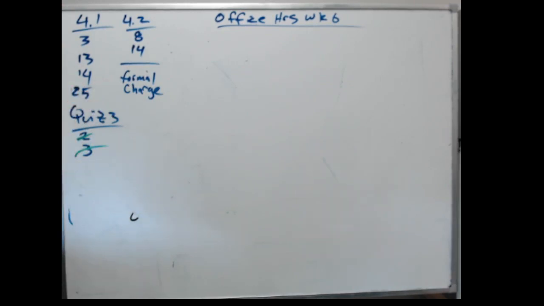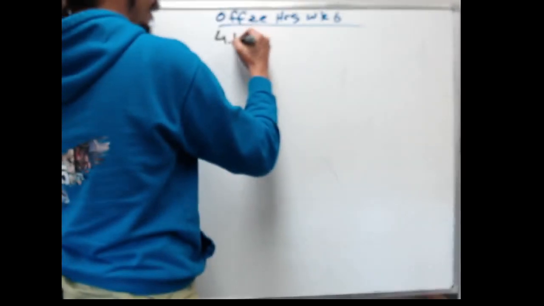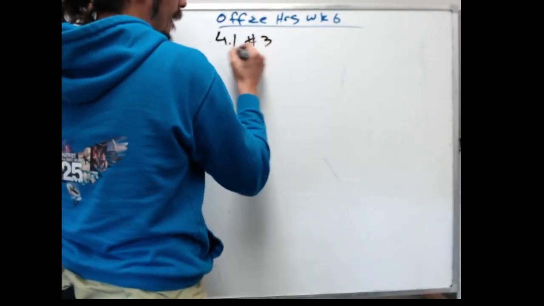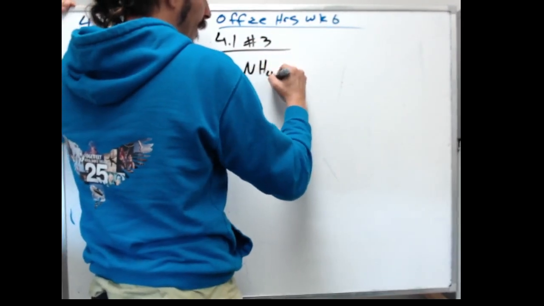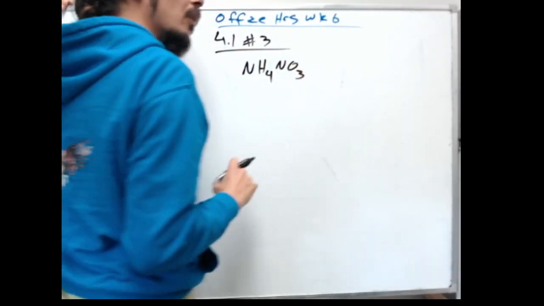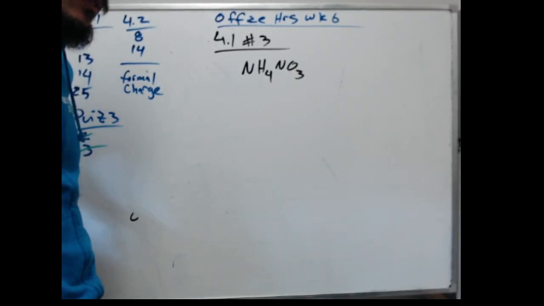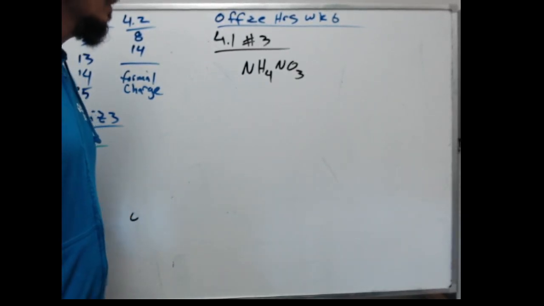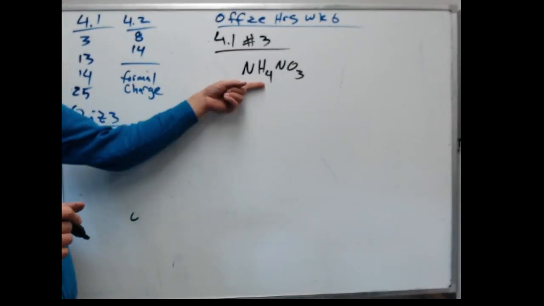Let's go ahead. Let's look at 4.1 questions. Number 3. You should go fast. What type of bonding is found in the following compounds? NH4NO3. Ooh. So this is where we have to start being able to recognize our polyatomic ions. And so one of the first things I realize is NH4.